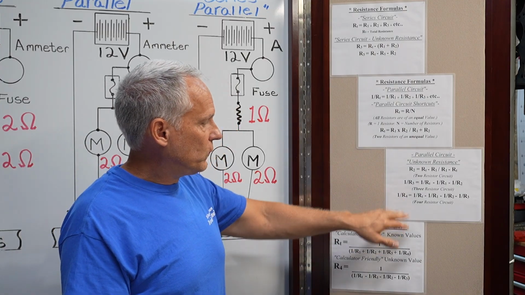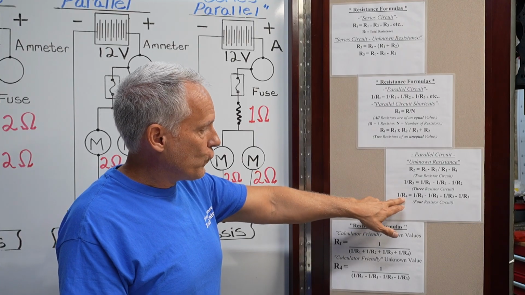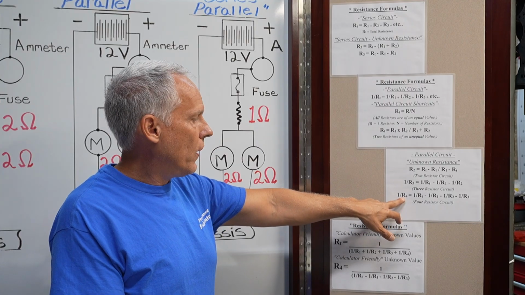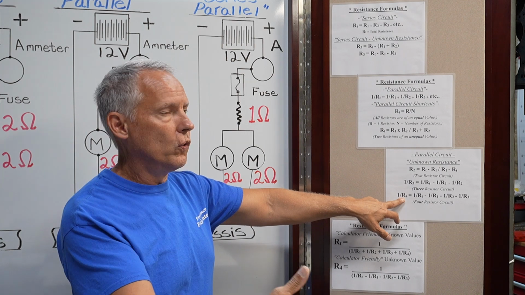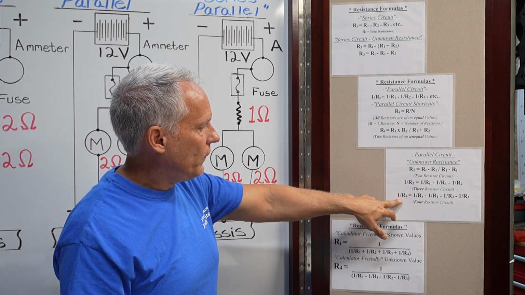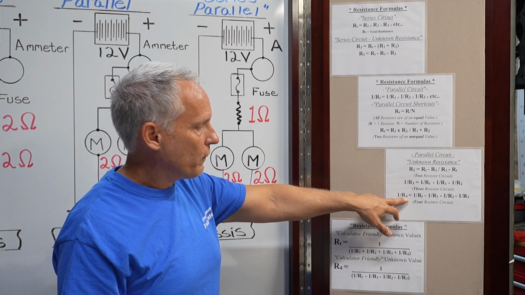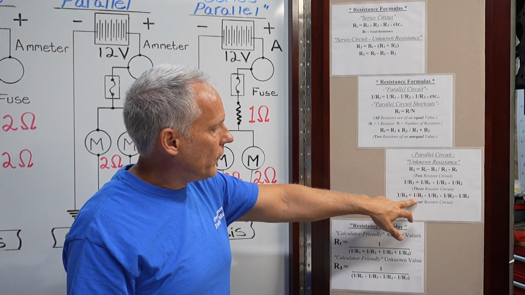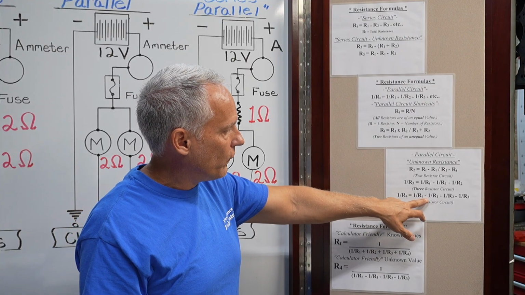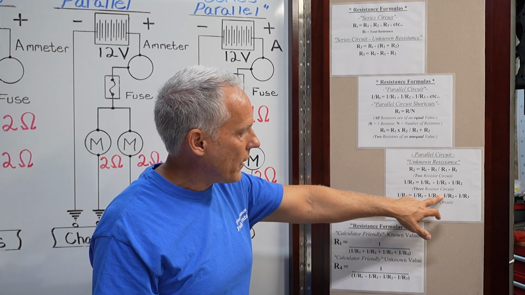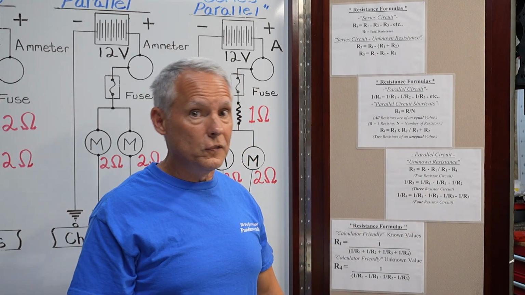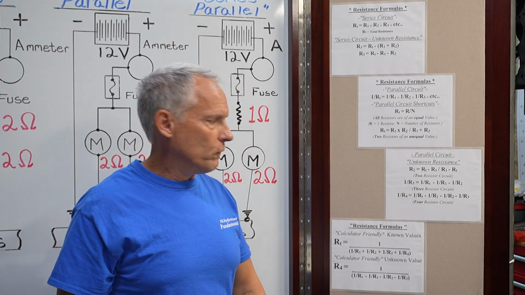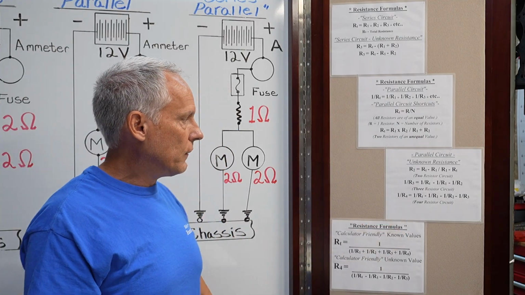For a 4 resistor circuit, to find the resistance of the 4th load, 1 divided by the resistance of number 4 equals 1 divided by the total resistance, minus 1 divided by the resistance of number 1, minus 1 divided by number 2, minus 1 divided by number 3. Well, that's a mouthful.